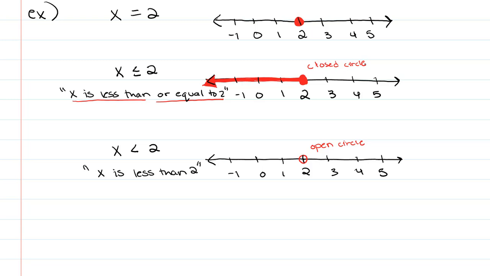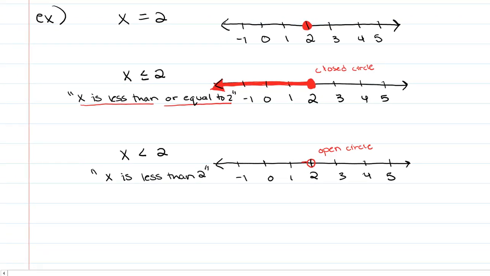So this one has an open circle on 2, because x cannot be 2. However, it can be all the numbers right up to it. I'm shading all the way up to the circle, but not including that. And I want to shade all the numbers that are less than 2.